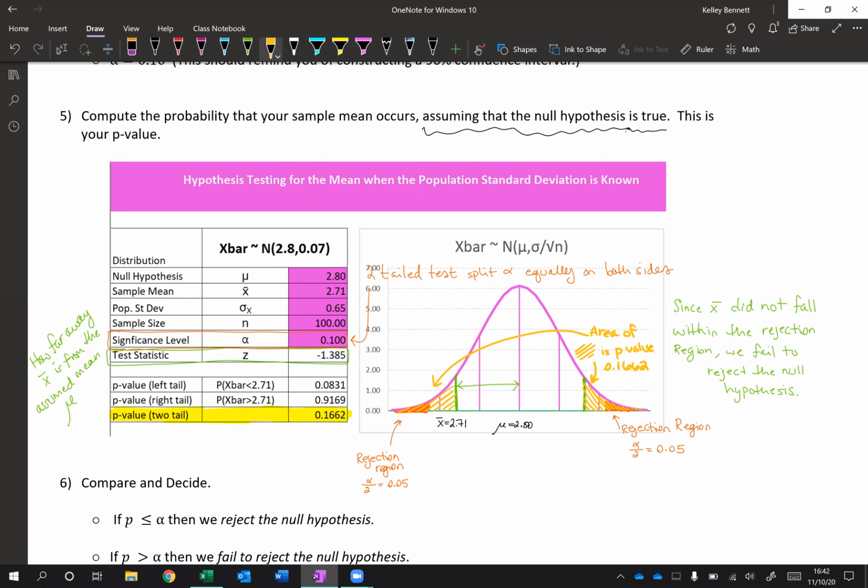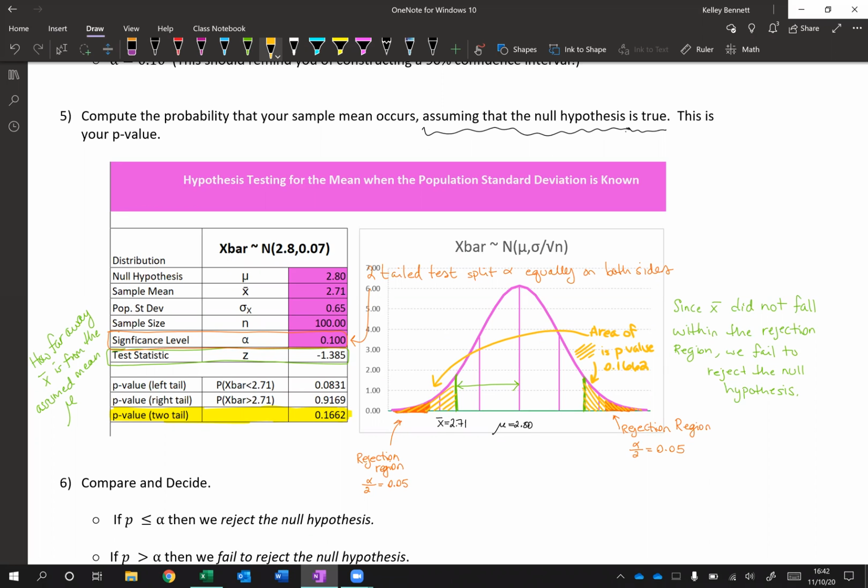So if your area is larger, then that means that you're actually closer to the mean. The closer my X bar is to the mean, the more and more area I'm going to have in the tails. So when my p-value is larger than alpha, then my X bar must not be in the rejection region.